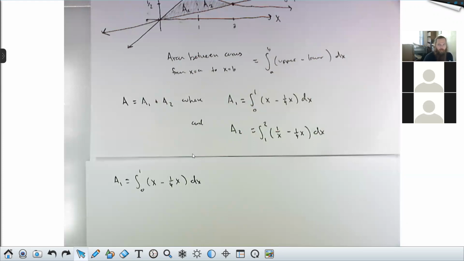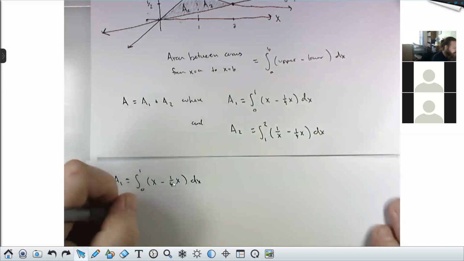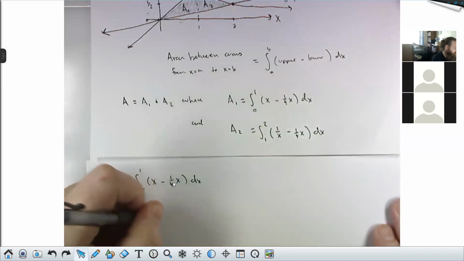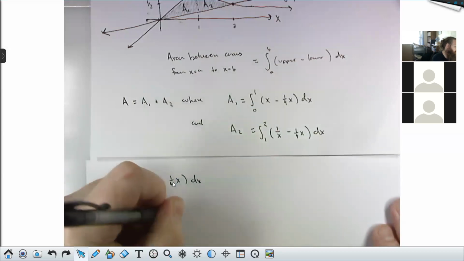No. What should I do instead? What makes more sense? Combine them. Yeah, they're like terms, right? This is x to the 1, this is x to the 1. It's just 1x to the 1 minus 1/4 x to the 1. So before I go troubling my head about antiderivatives, why not write that as a single x? It's 3/4 x dx.